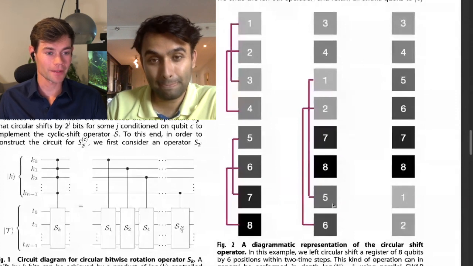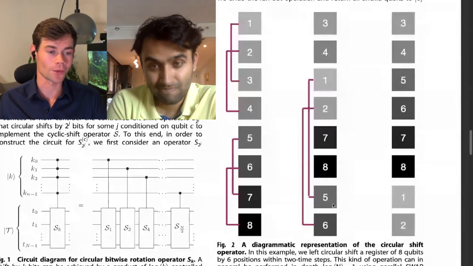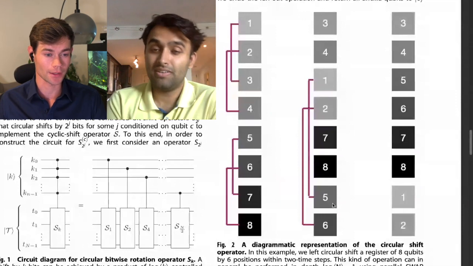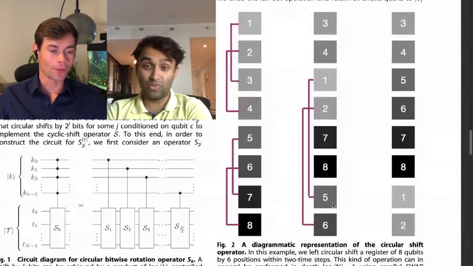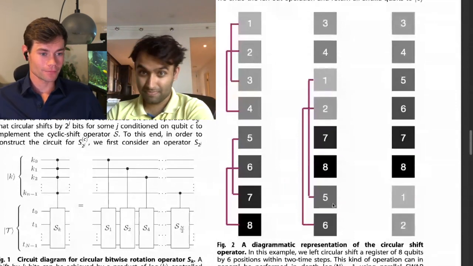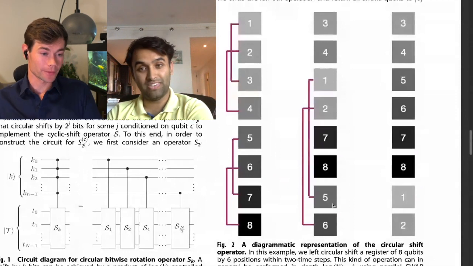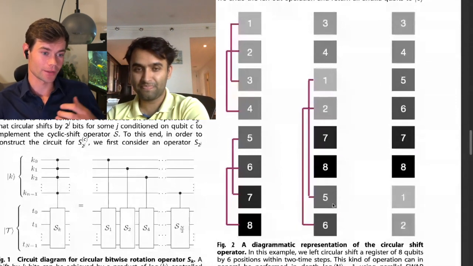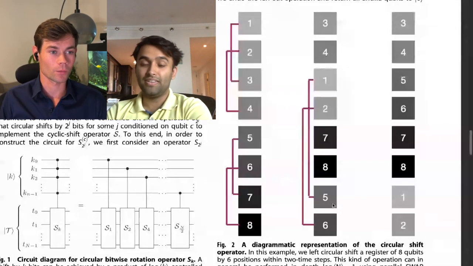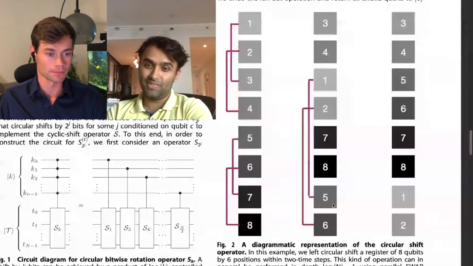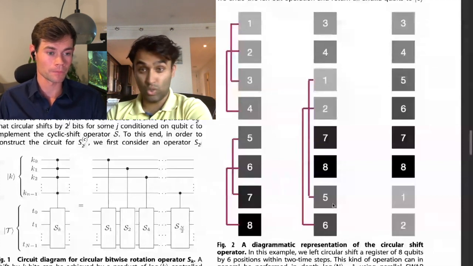And if we think about that from an implementation point of view, what would that actually correspond to in a quantum computer? Can you please draw a parallel between this conceptual image and what the hardware would be doing when you actually apply something like this? So all it would be is a swap operation.